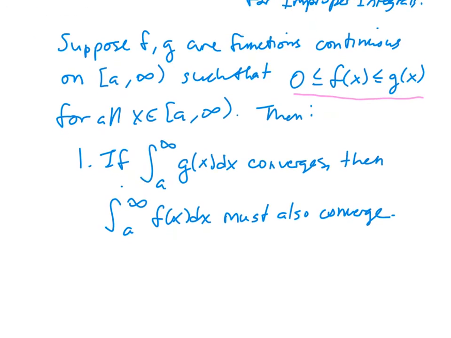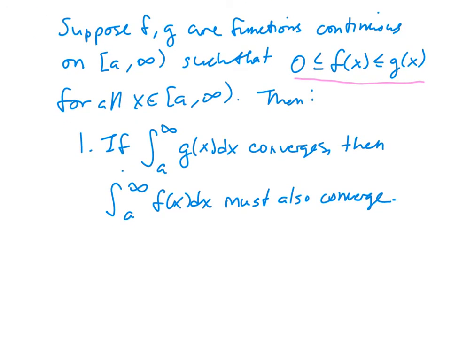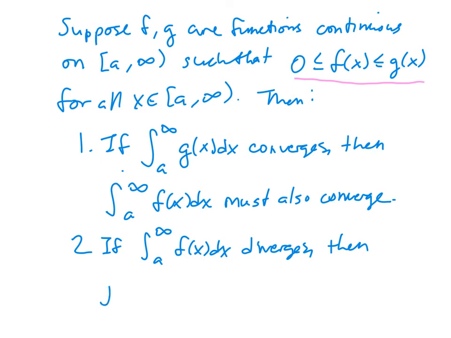Second thing that we know, if the integral from a to infinity of f of x dx diverges, then the integral from a to infinity of g of x dx must also diverge.